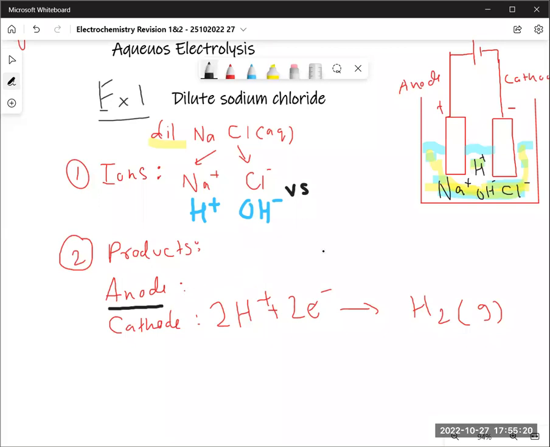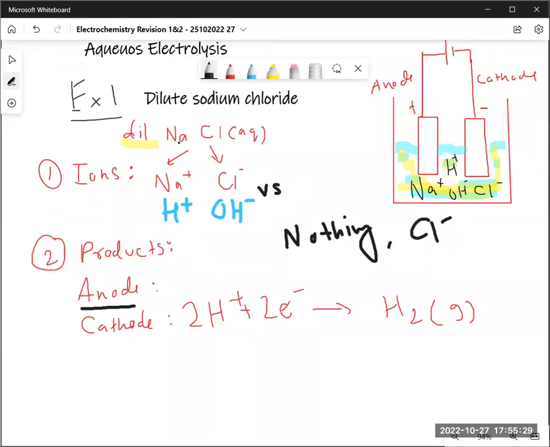That's another answer. Now, Niranjana, between Cl minus and OH minus, which will form at the anode? It will be Cl minus. No. Are you thinking? Lula, what do you say?